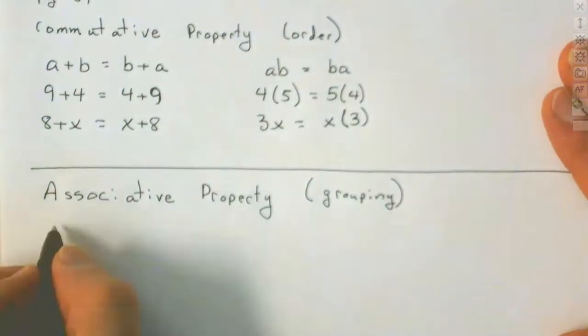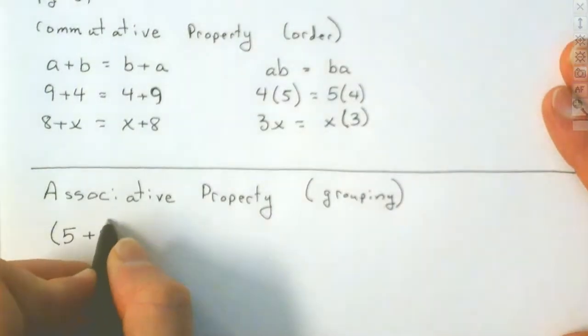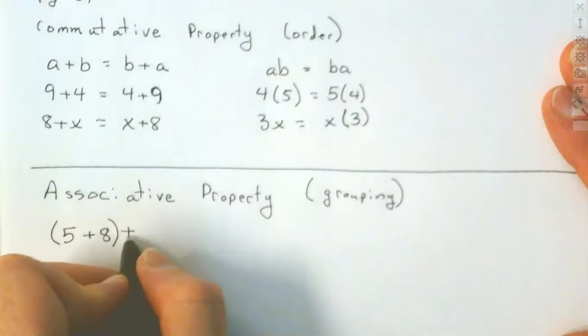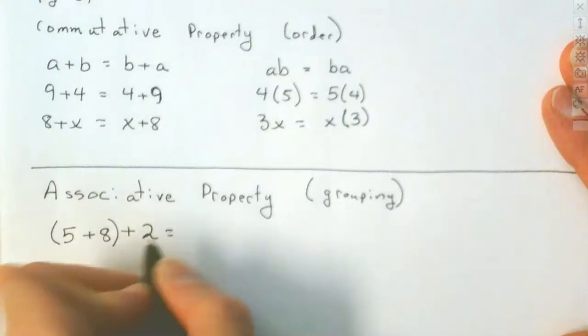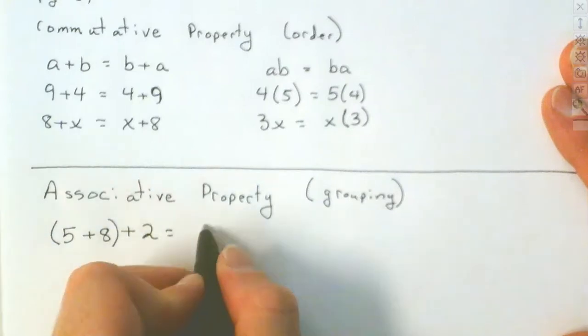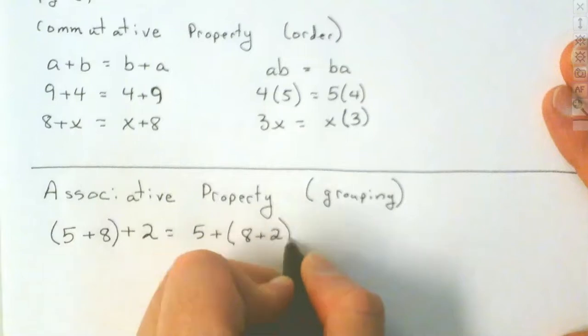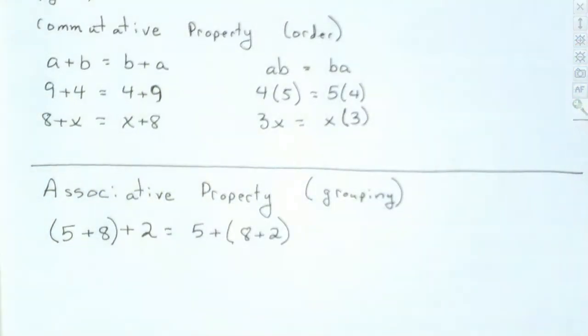So 5 plus 8 plus 2 is the same thing as 5 plus parentheses 8 plus 2, right? So look at what we did.